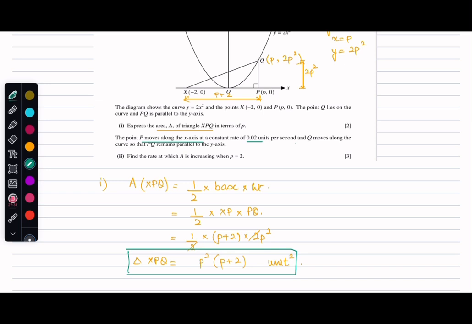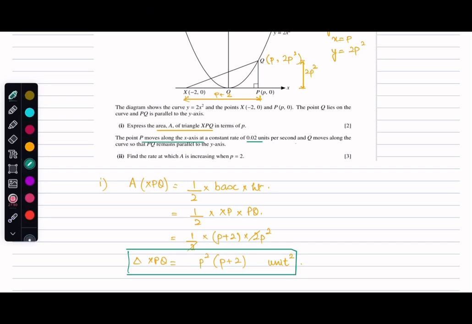So this is going to be point P here, which is moving along the x-axis at 0.02 units per second. And then they are saying that Q moves along the curve so that PQ remains parallel to the y-axis.